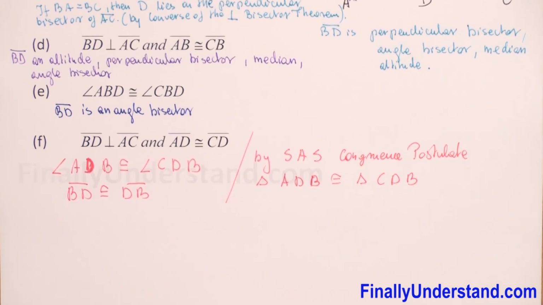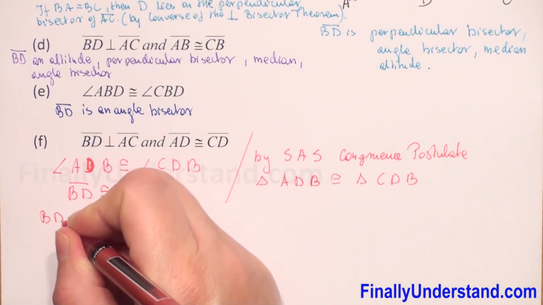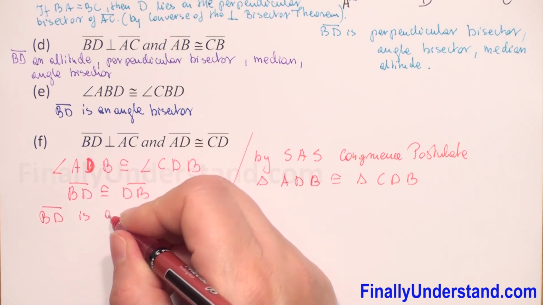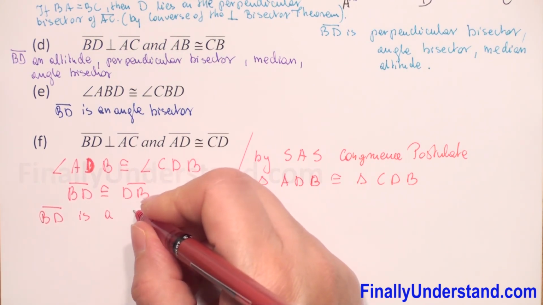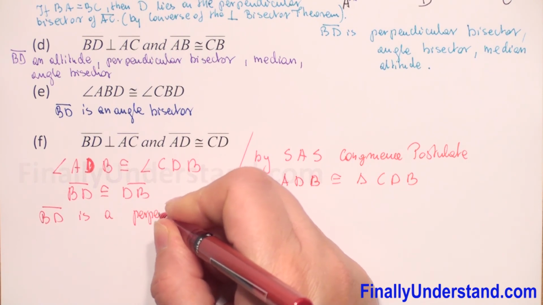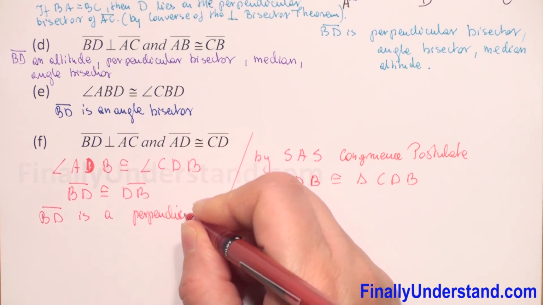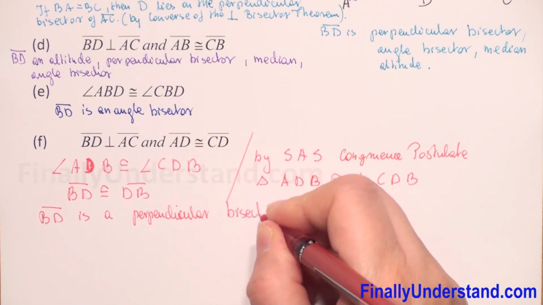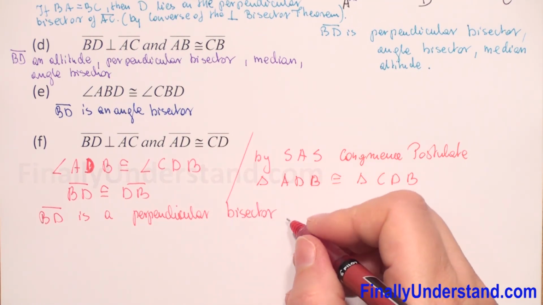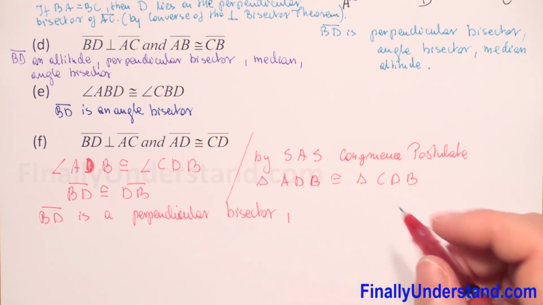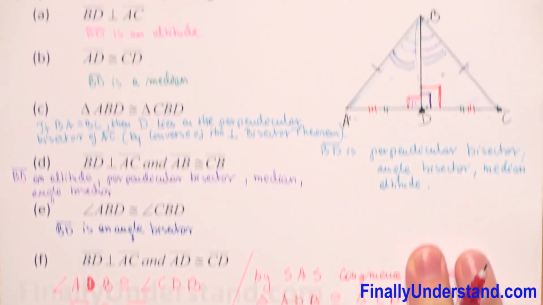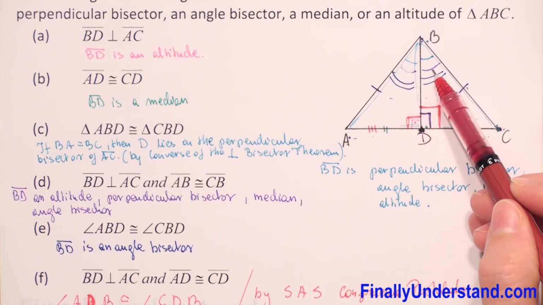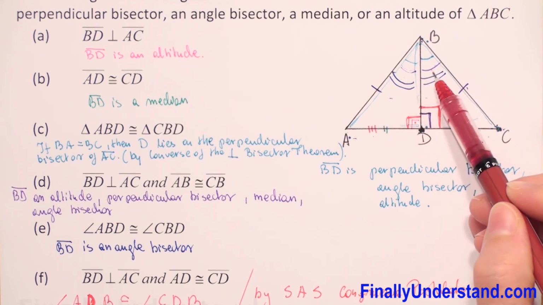So we can write that BD is a perpendicular bisector. Next, because these two triangles are congruent, it means that these two angles are congruent too.